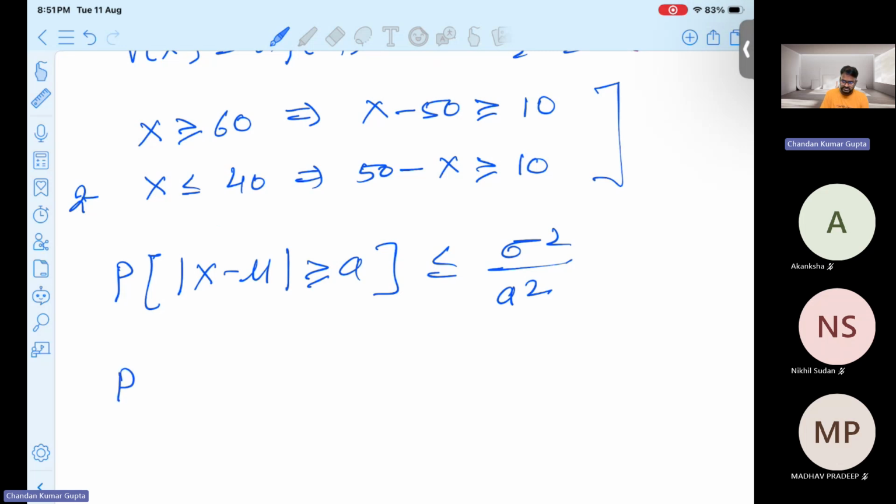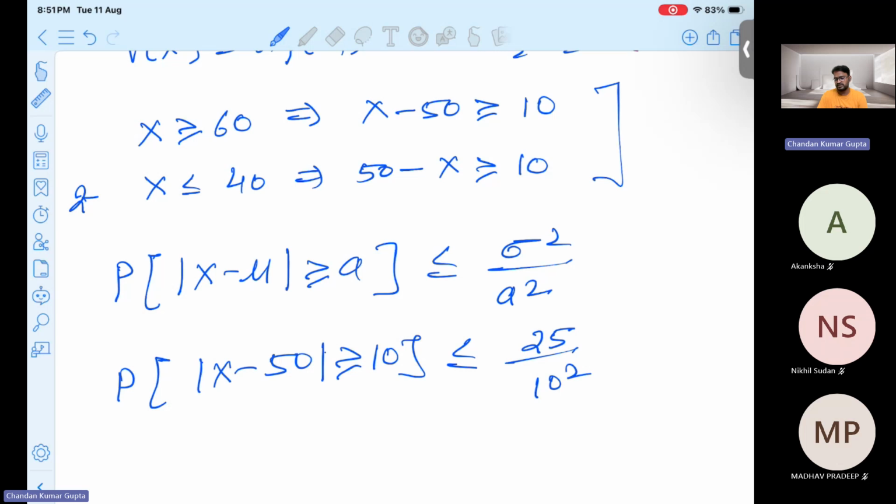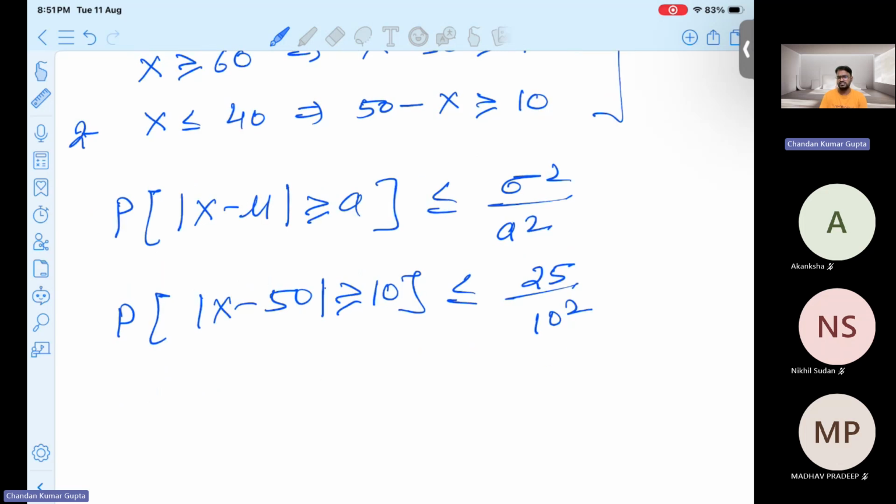So probability that |X minus 50| is greater than or equal to 10 is less than or equal to sigma square, which is 25, upon a square, and 10 square comes out to be 100. So probability that |X minus 50| is greater than or equal to 10 is less than or equal to 1 by 4.